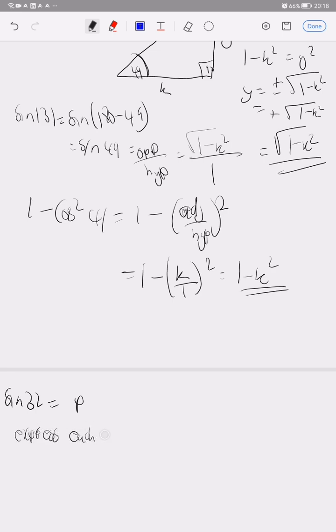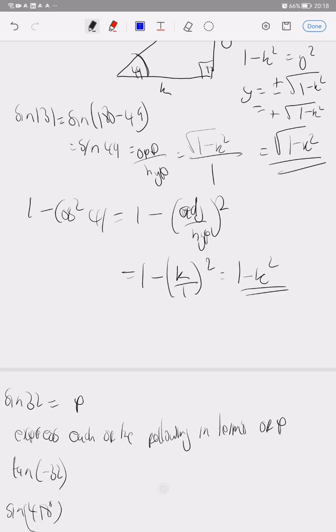Now they give me tan of negative 32 and sine of 418. All right, so what do I do?